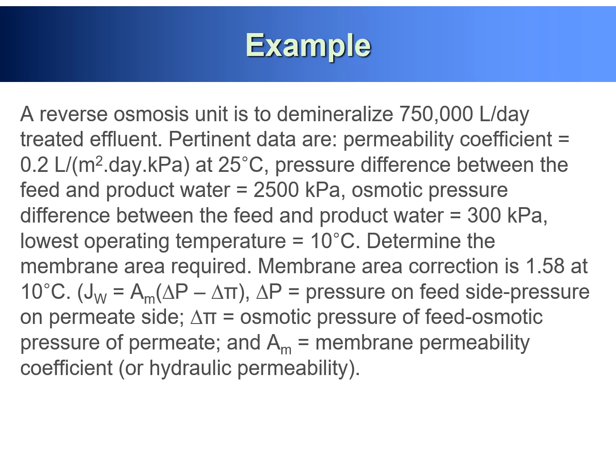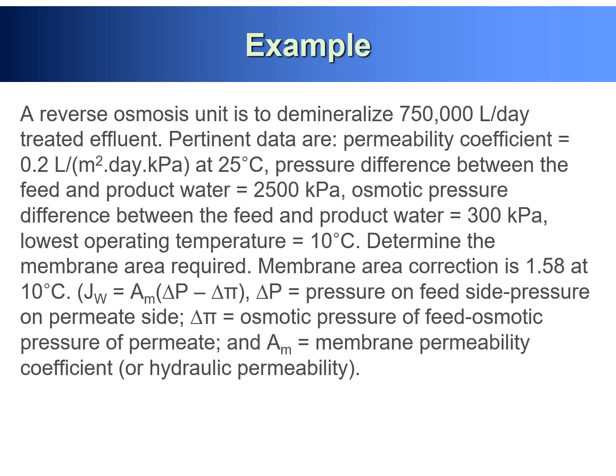The lowest operating temperature is around 10 degrees, and determine the membrane area required. Membrane area correction is 1.58 at 10 degrees. Jw can be calculated as A times delta P minus delta pi.